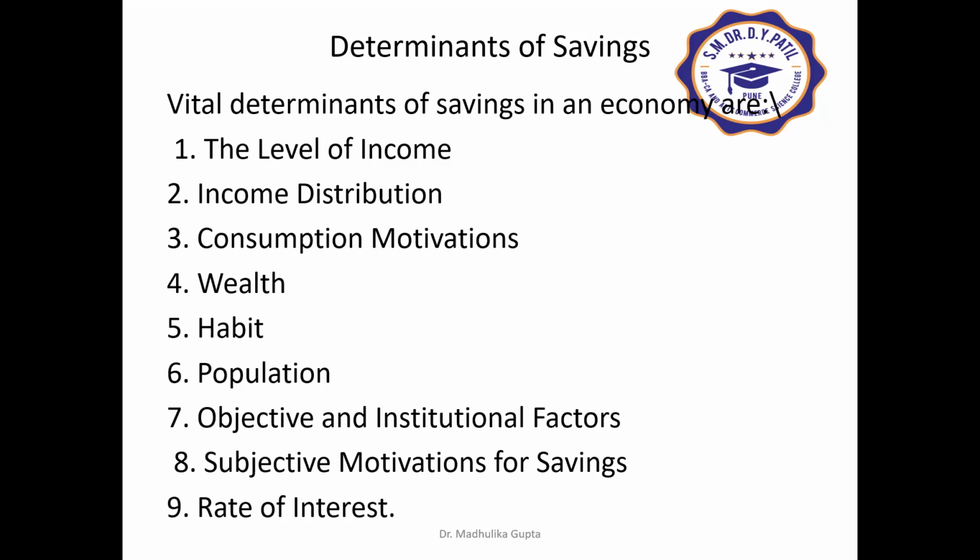So, the level of saving actually achieved by anyone represents the outcome of the conflict between his desire to improve his current standard of living and his desire to obtain future welfare by saving. You getting my point? So, in this context, therefore, motivations regarding savings and consumption expenditure must be analyzed.